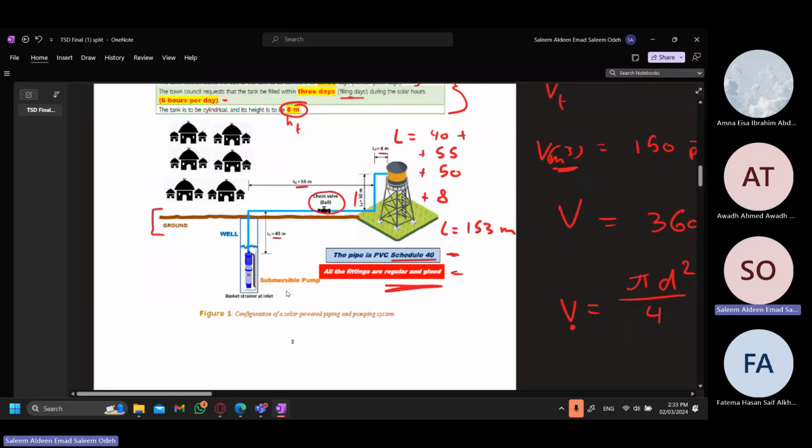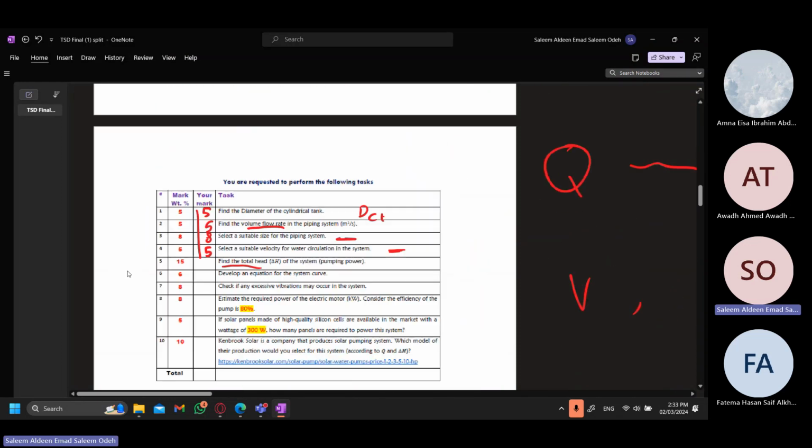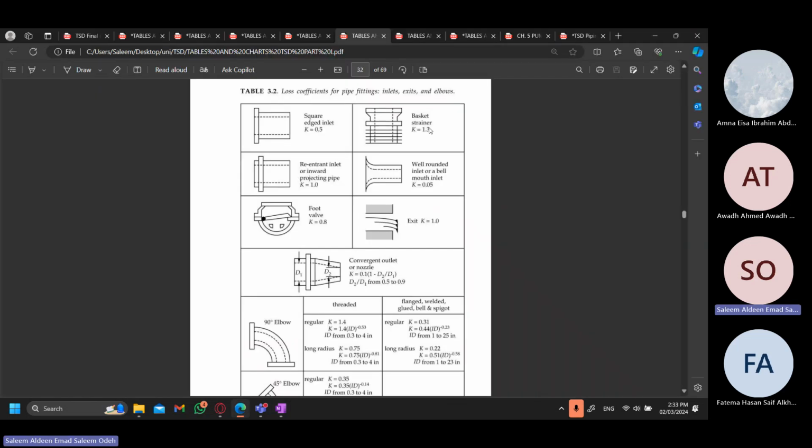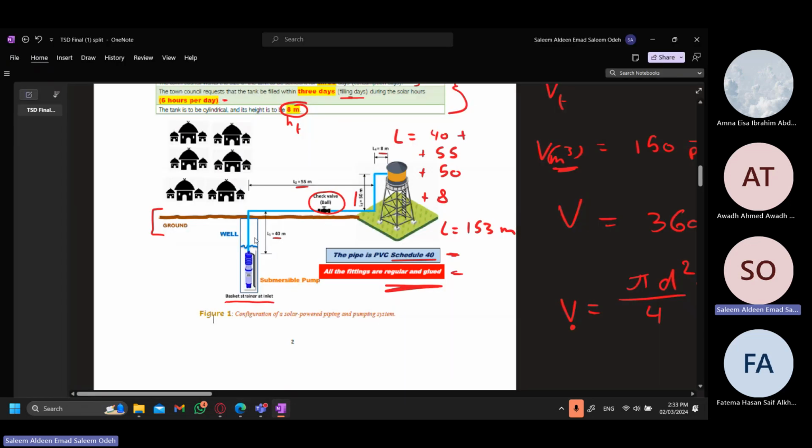There's a basket strainer at the inlet, so we'll need to use this K. We have 1, 2, and 3 90-degree elbows, a check valve right here, and an outlet right here.